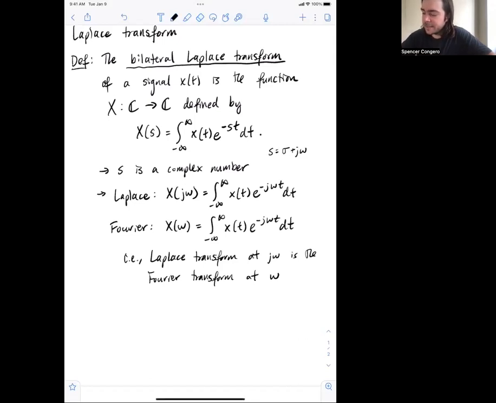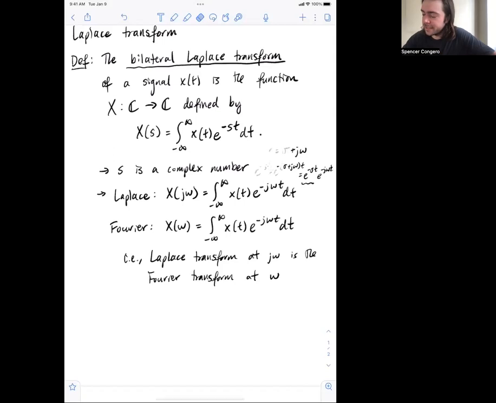When I plug it into e to the negative st, I get e to the negative (sigma plus j omega) t, which is e to the negative sigma t times e to the negative j omega t. So with the Laplace transform, I have this extra term, e to the negative sigma t. We'll see this more later on. I'm just making a note. The Laplace transform is going to allow us to take the transforms of more functions than Fourier.